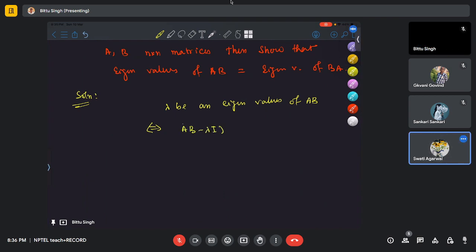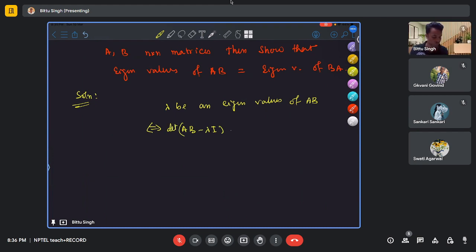Yes, determinant of this is actually 0. So instead of assuming this, let us assume the reverse part, that is, let lambda not be an eigenvalue. Then determinant will be non-zero, right? Lambda is an eigenvalue if and only if determinant is 0.